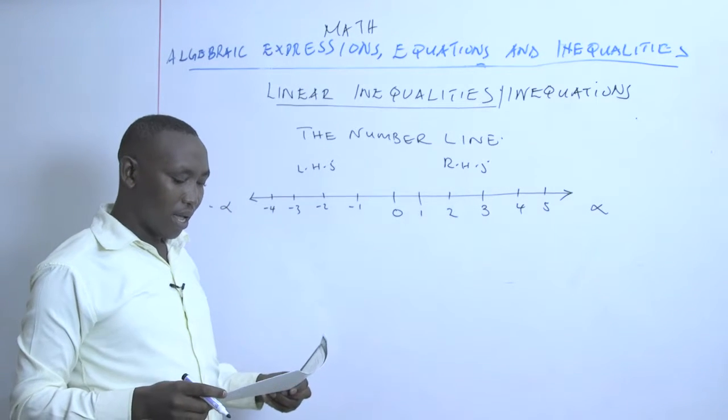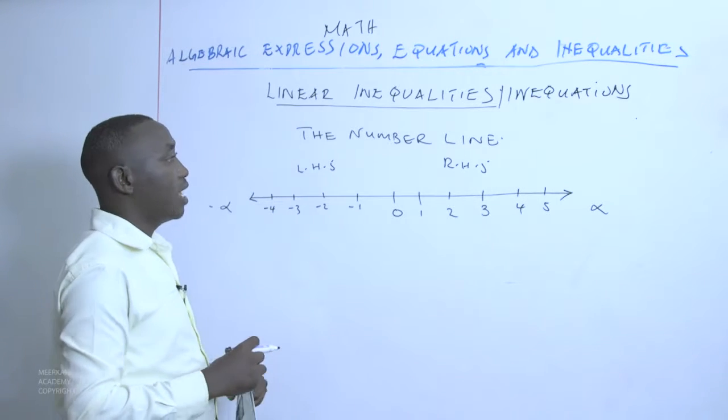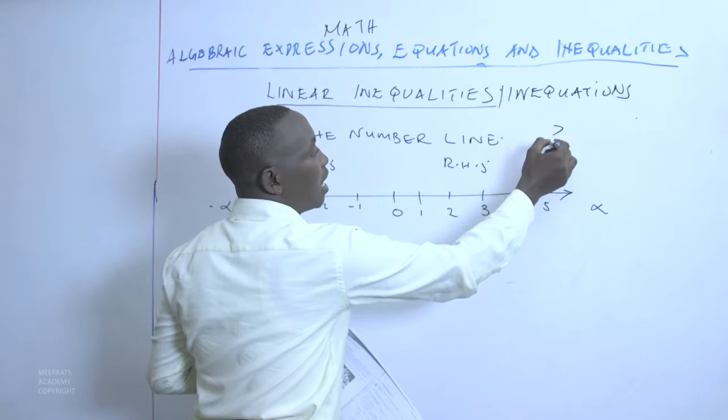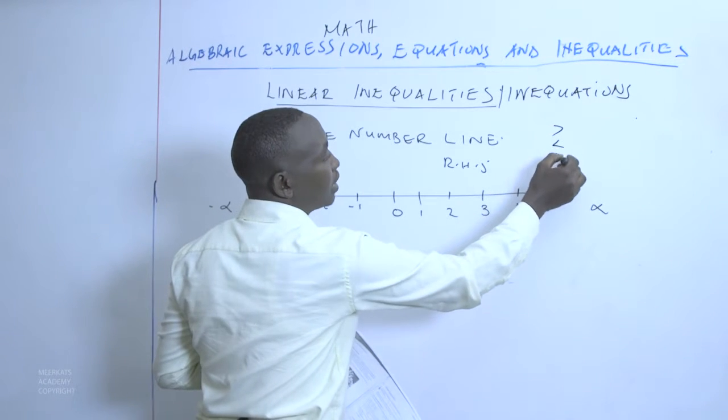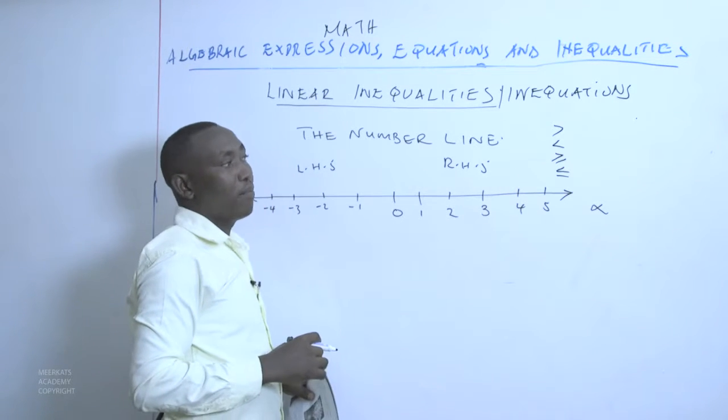For us to be able to use a number line, it's important for us to understand the 4 inequality symbols. That is greater than, less than, greater than or equal to, or less than or equal to.